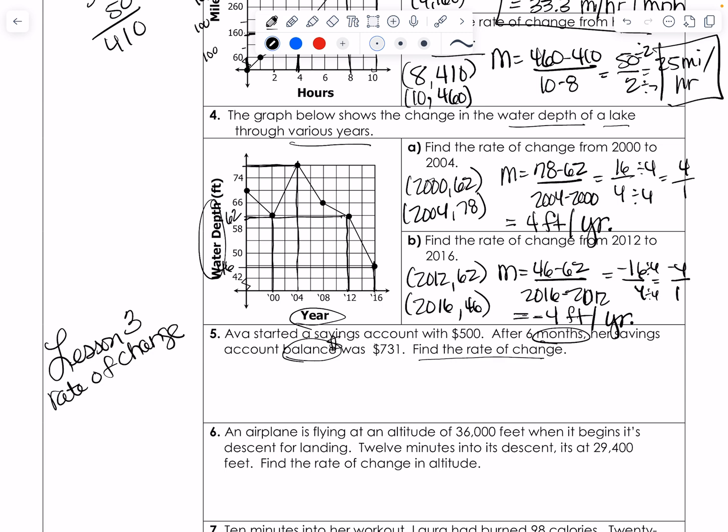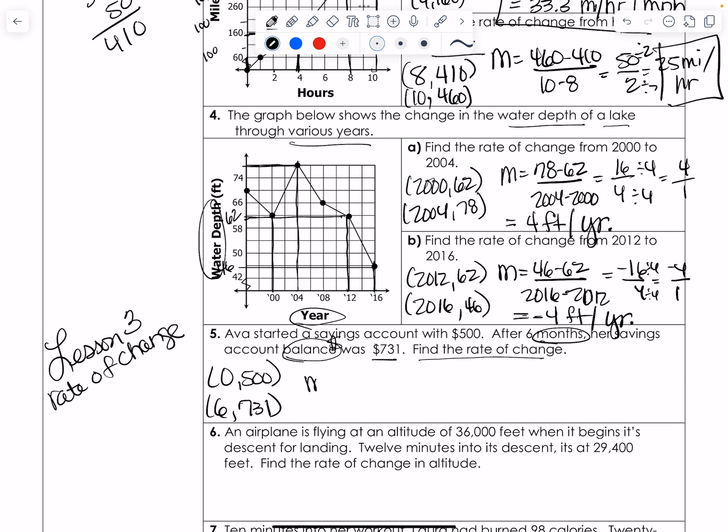Okay, so first we know that after 6 months her savings account... actually, we're going to start with 0. So when she started at 0 months, she had 500. And then after 6 months, she had 731.